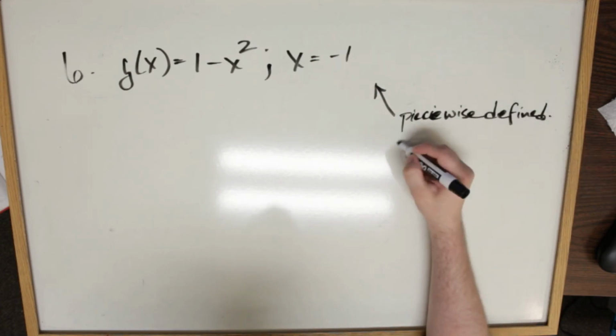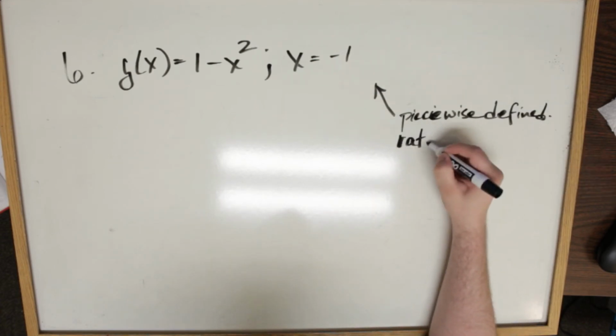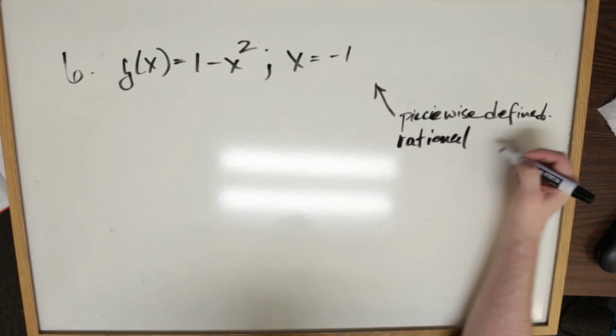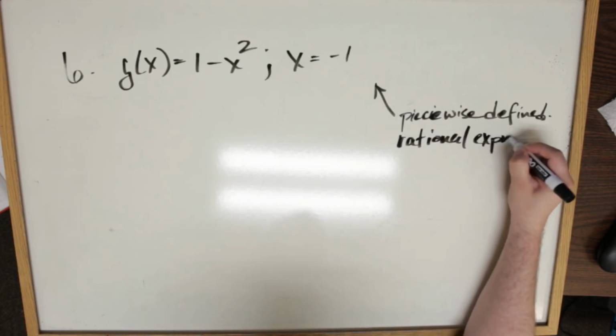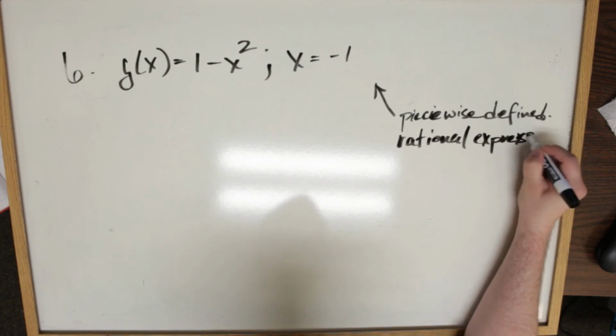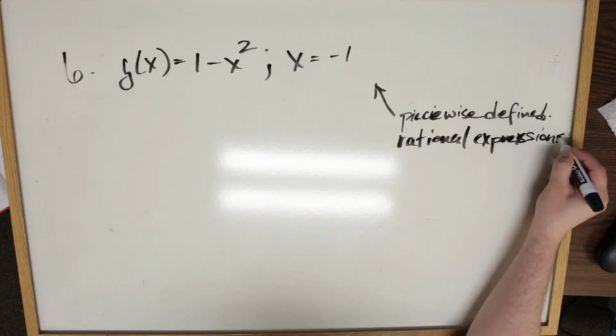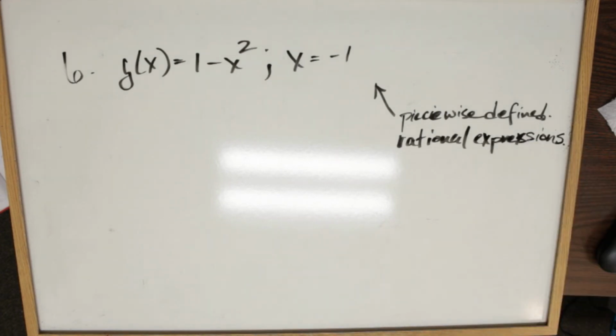they'll be rational expressions. So previously, remember last chapter we talked about if you have a fraction, so say like 1 over x minus 2 over x plus 3, at x equals minus 3, the function would fail because we cannot have a 0 denominator.